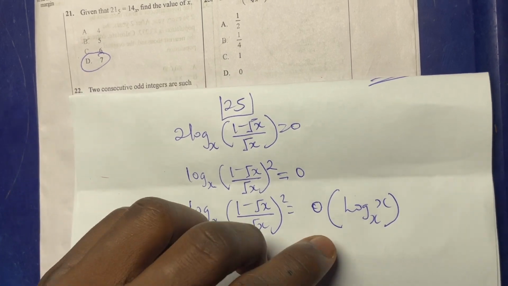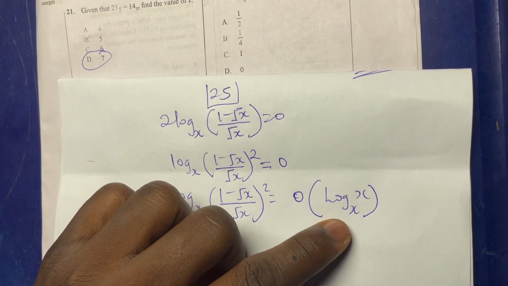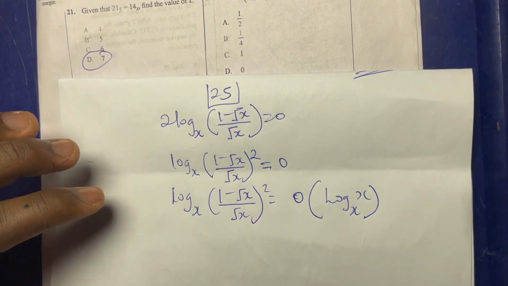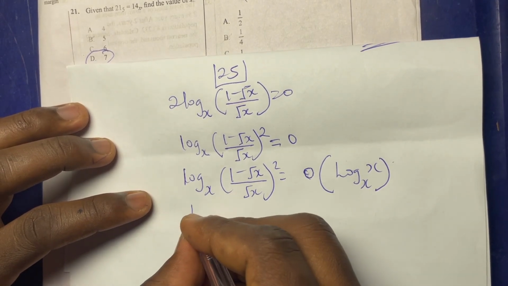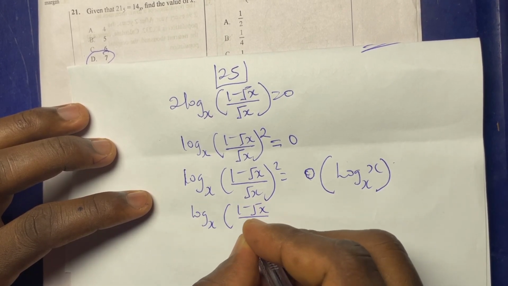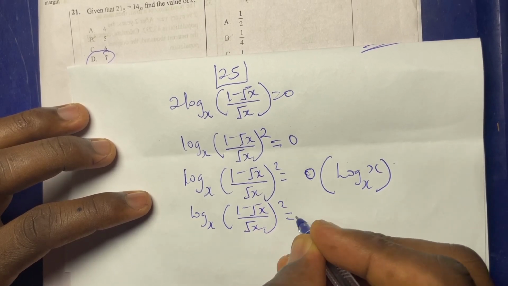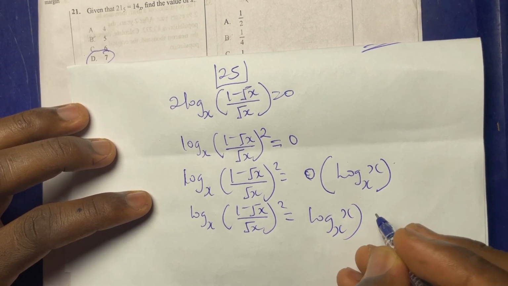You know, log x base x is 1, right? So 0 times 1 is 0. So we are not changing anything from the question. Now let's allow this to be the power, and that will be log x (1 minus root x) over root x squared equals log x to the power 0.